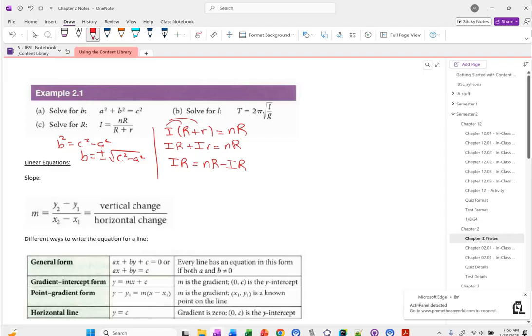It's getting them closer to being together, right, Maren? Can you factor out the R? That's what you want to do. I meant this to be little r. Sorry about that, guys. And then we can just divide by N. Let's go.